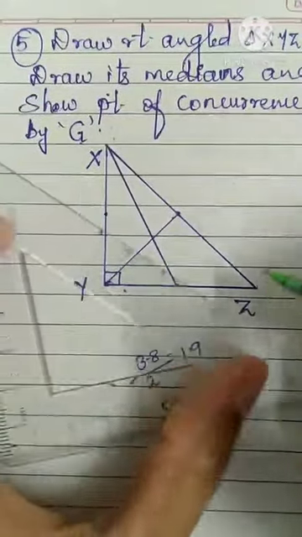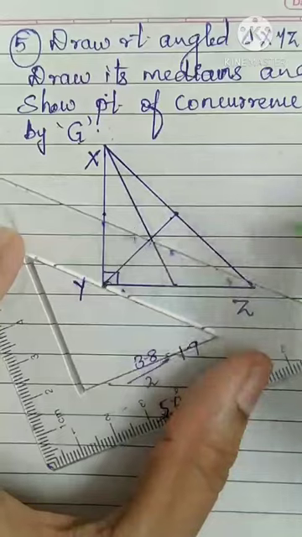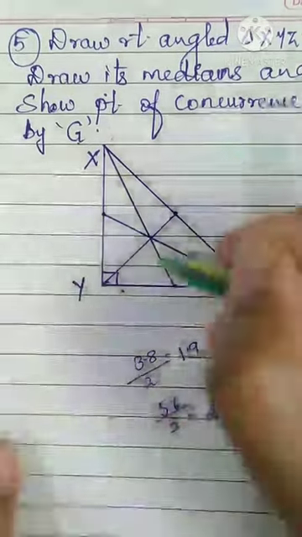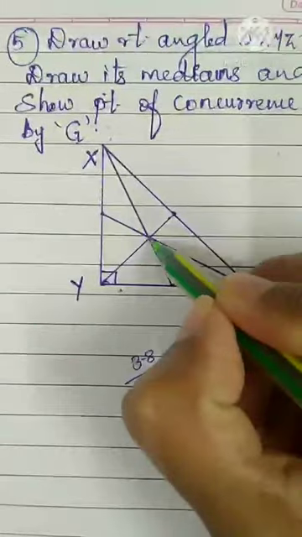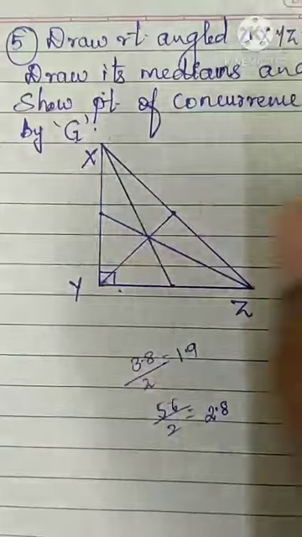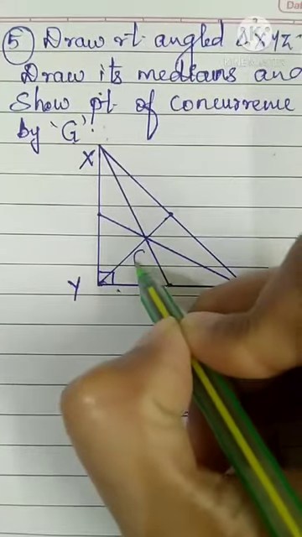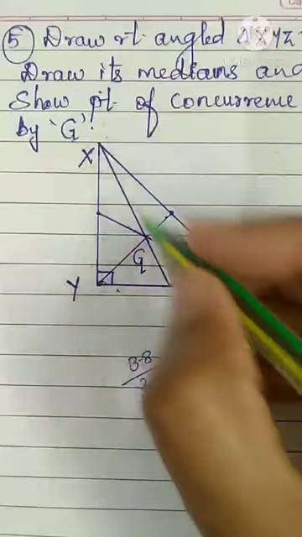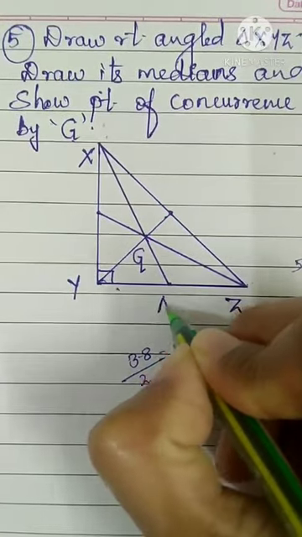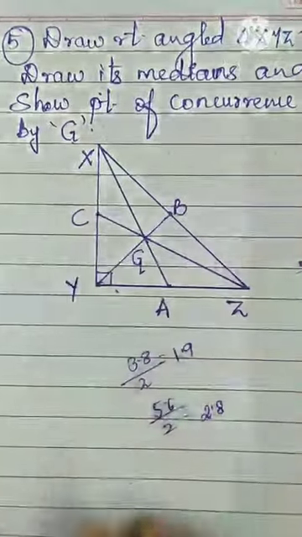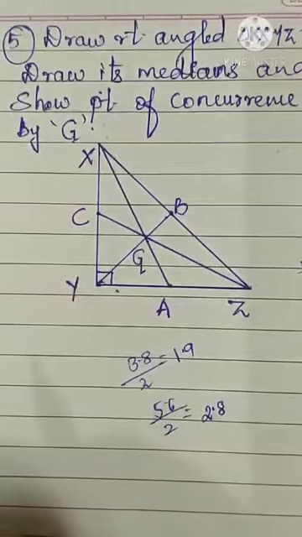Now the third vertex is Z. Z to the midpoint is here. So all the medians are passing through a single point. That means the measurements that we did, there is no mistake in that. The point of concurrence will be G, the centroid, and we will name the medians as you want: X A, Y B, Z C. These are the medians. Understood?